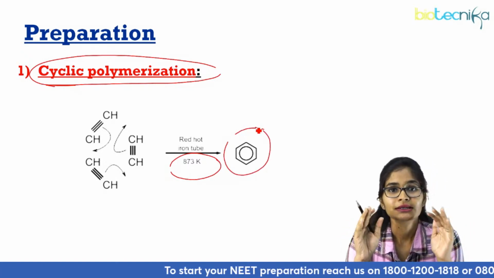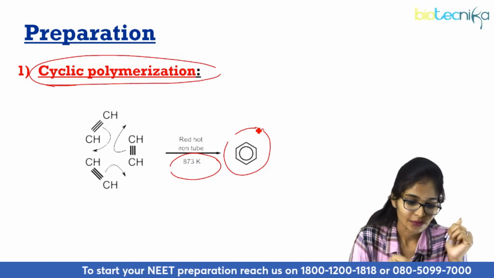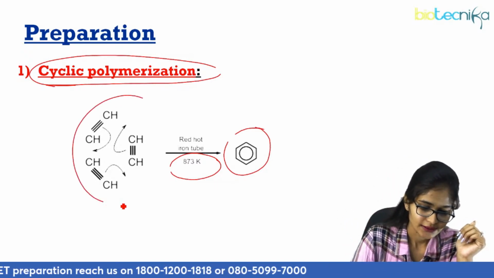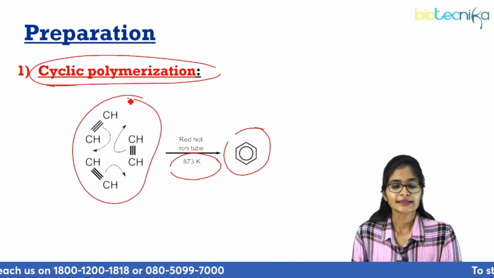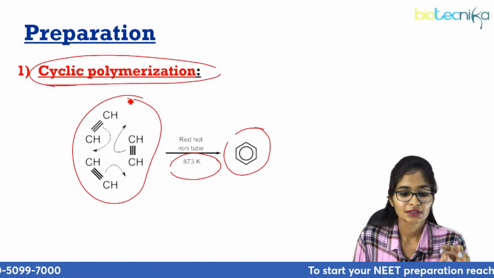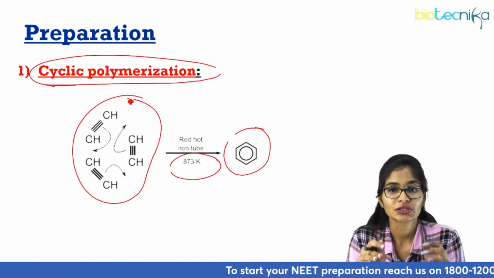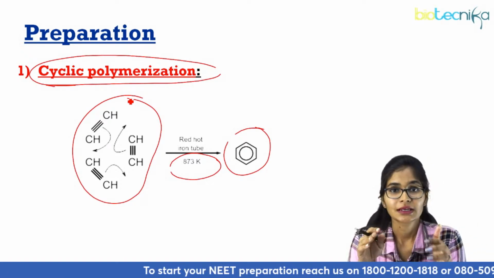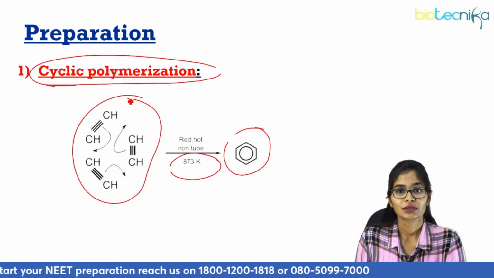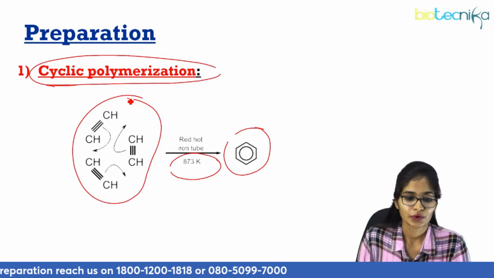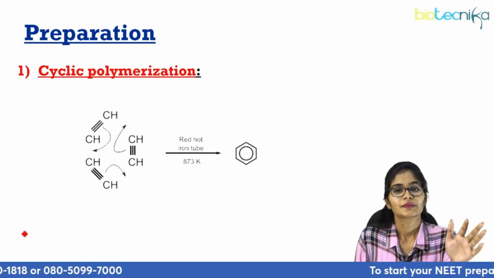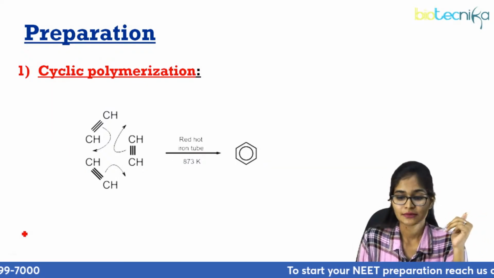So what you are doing is the cyclic polymerization of 3 moles of ethyne. These 3 molecules of ethyne combine with each other through cyclic polymerization. You pass them through a red hot iron tube, maintain 873 Kelvin, and get benzene as the main product. This is one preparation method for benzene.